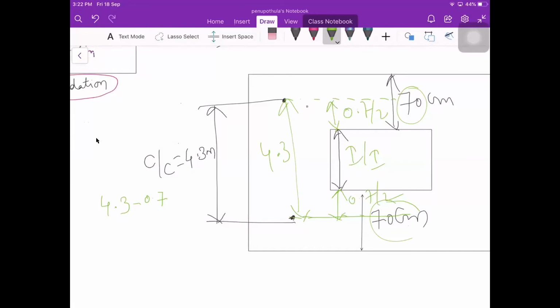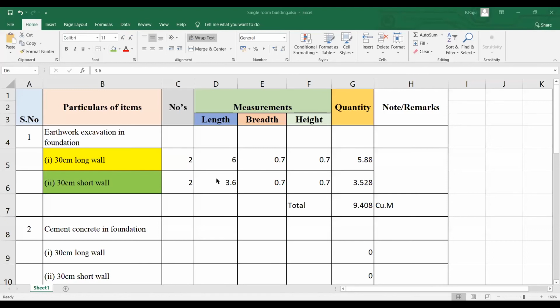So this will be totally equal to 3.6 meters. So we have taken it as 3.6 meters, which we have determined. So 3.6 as the length and 6 as the length of long wall. So that process here we can also write.